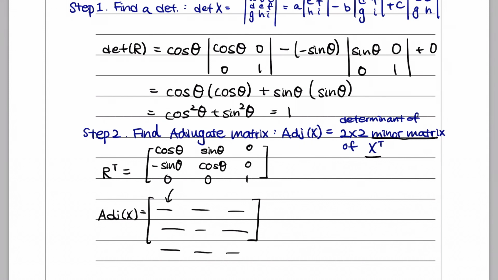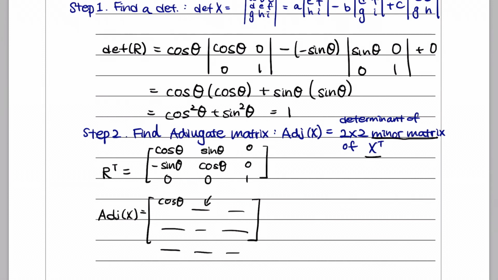Each position corresponds to the same position in your transpose matrix, and you eliminate that row and column. The determinant of the remaining 4 becomes the first number in your adjugate matrix. Now you can fill in the first position of your adjugate matrix, which is cosine theta times 1 minus 0. So that becomes cosine theta.